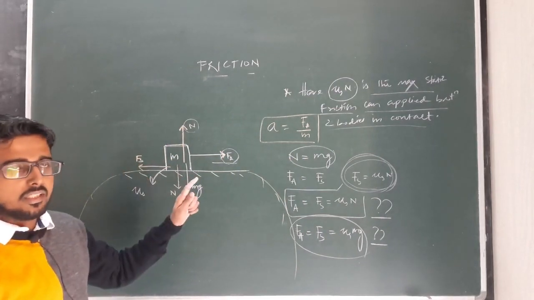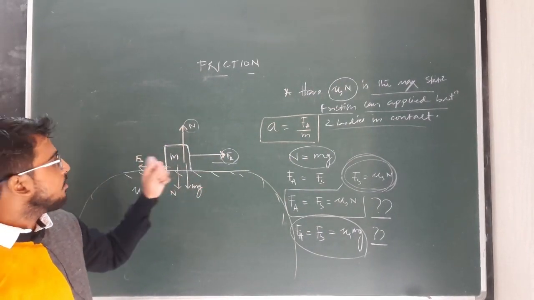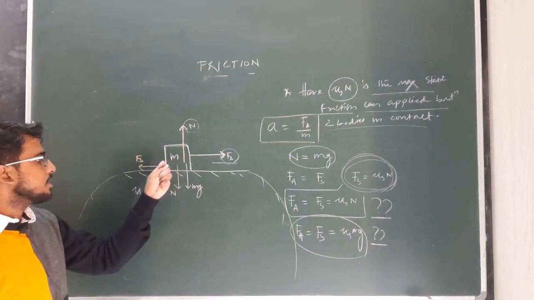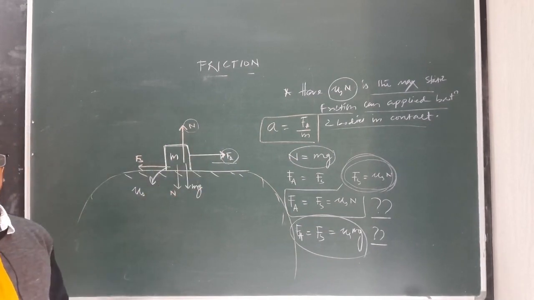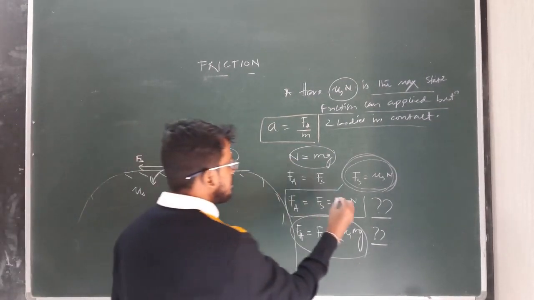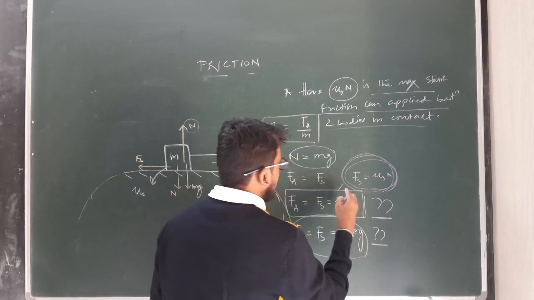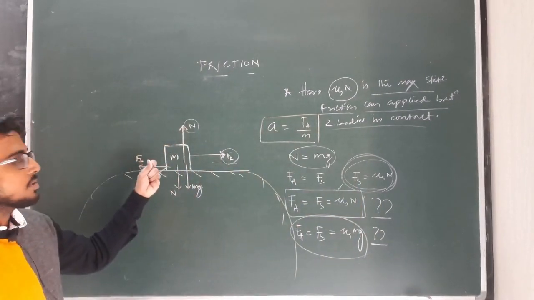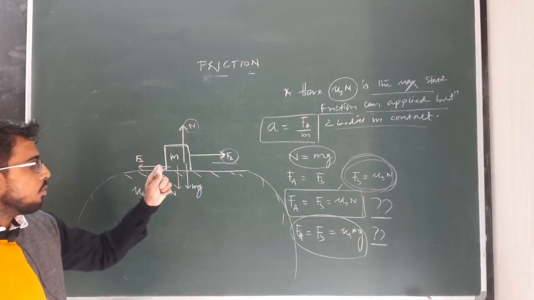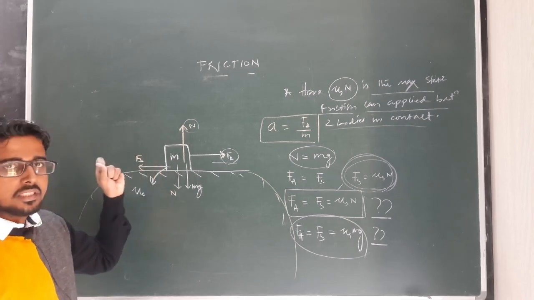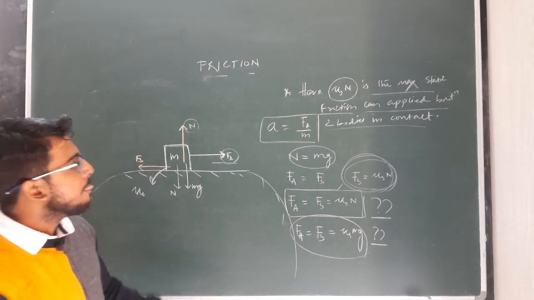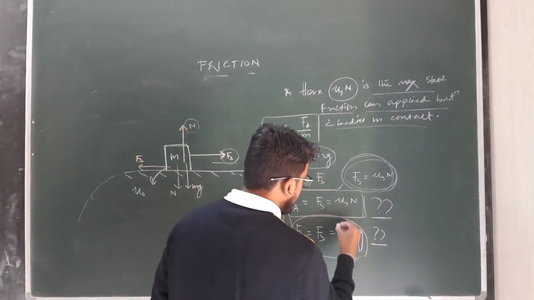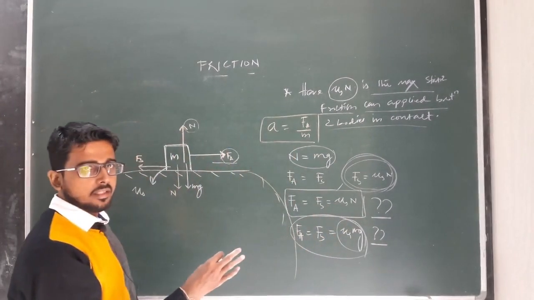That does not mean that always the frictional force acting between these two surfaces is mu s n. This is the maximum possibility up to which the static friction can act. So here what is the value of static friction? Maybe it is this much or may not be.